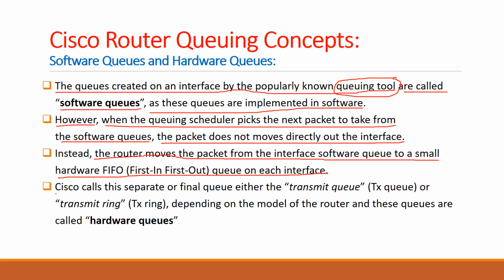For the hardware queues, Cisco calls this separate or final queue either the transmit queue or TX queue, or transmit ring or TX ring.